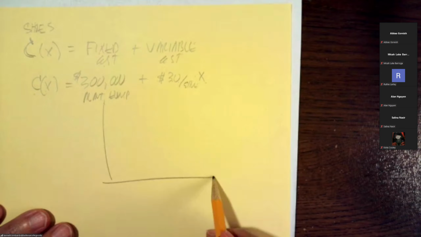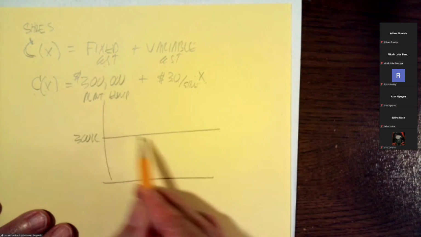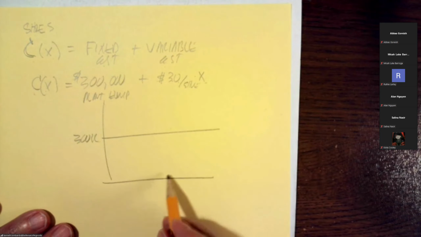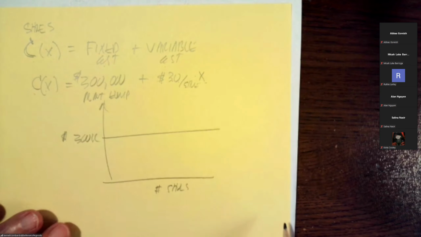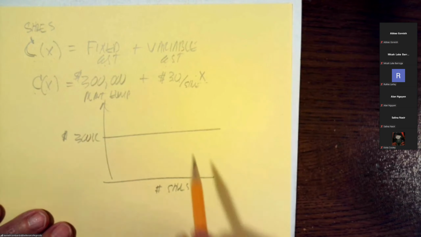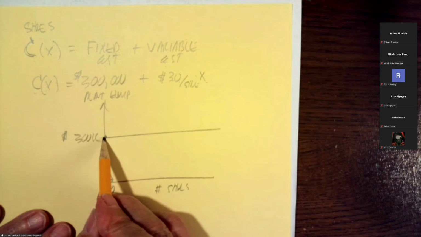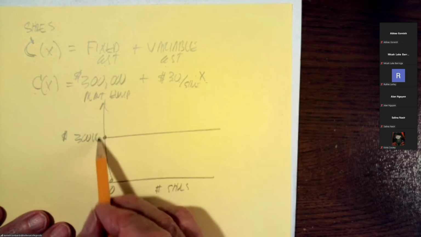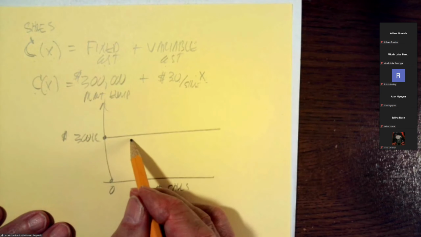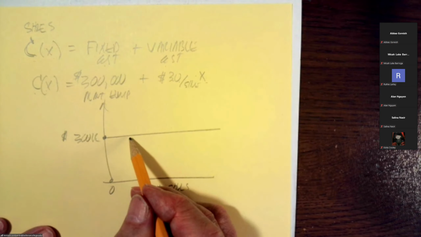So if we set up what this looks like pictorially, we've got 300,000 here as a fixed cost. And this is say the number of shoes, and this is dollars along the vertical axis. If we don't produce any shoes, if the number of shoes is 0, we're still going to have $300,000 because we had to set up this plant and equipment and all the materials it took to set this thing up. And then once we do that, we're going to have some sort of variable costs.